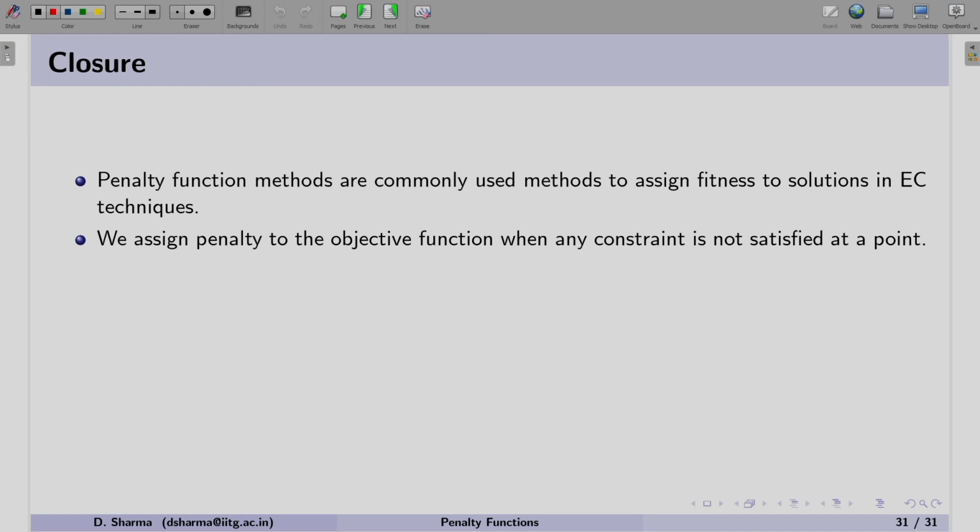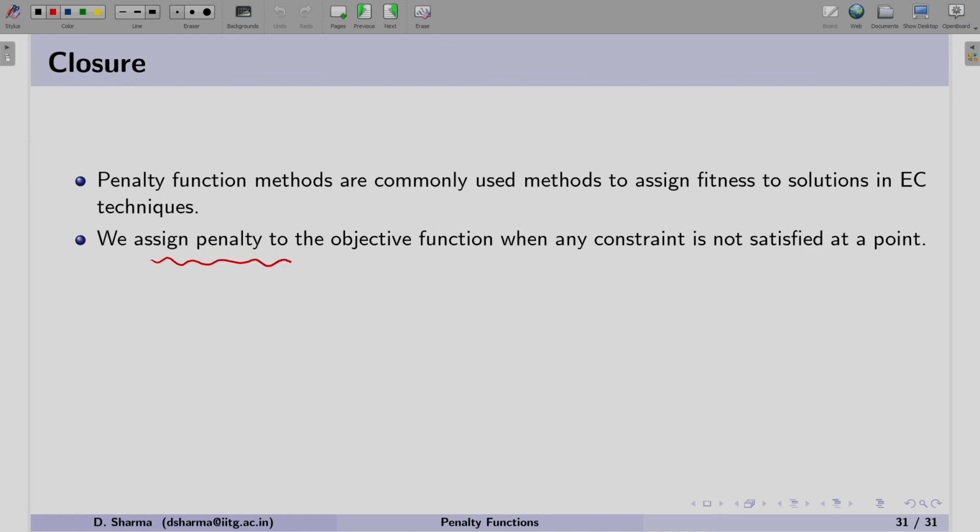Generally the penalty term is added so that we get a smaller fitness for a feasible solution as compared to an infeasible solution. In that case we can differentiate, and remember that this fitness can be used when we want to select any solution.